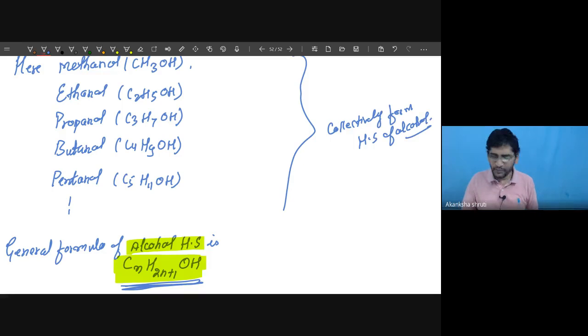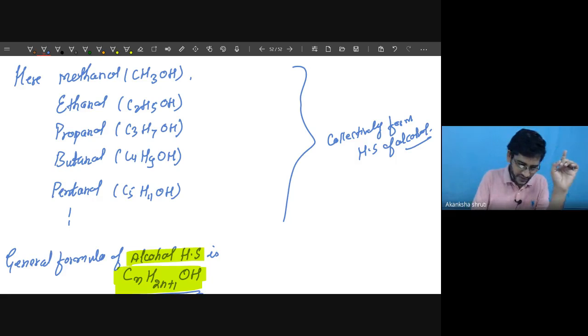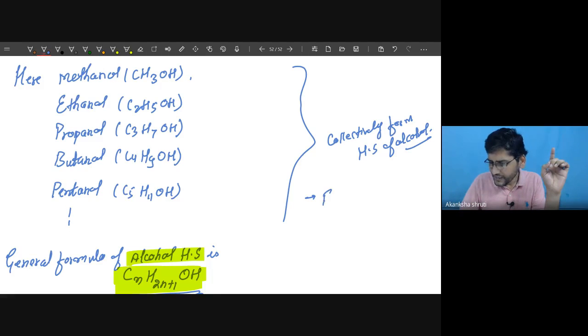So if you are just taking propanol and saying, is this a homologous series? No. You have to say it could be a member of the alcohol homologous series. This was the meaning. But all of them contain the same functional group. Functional group simply means the atom. So we can write here, functional group present is this.